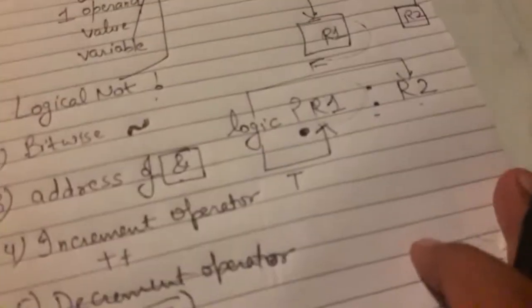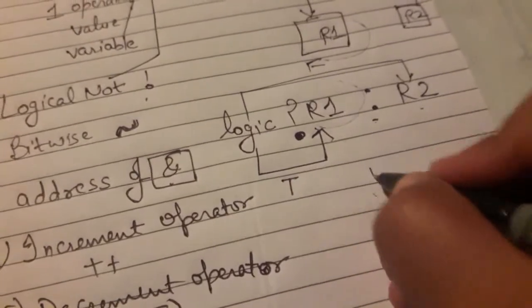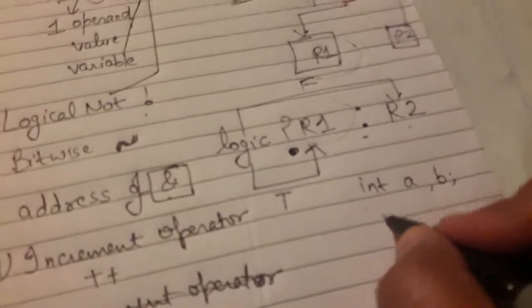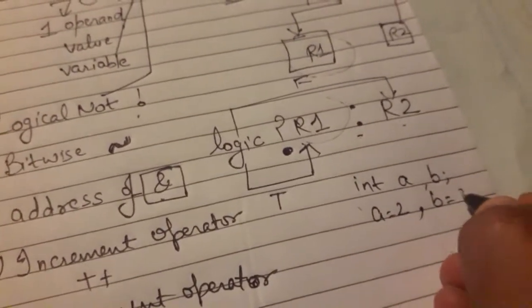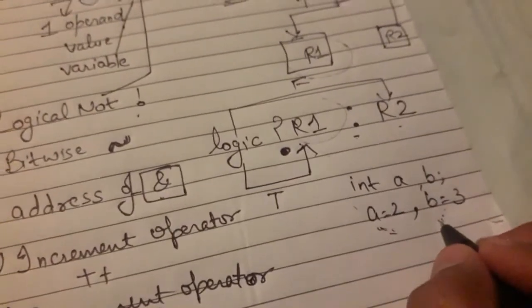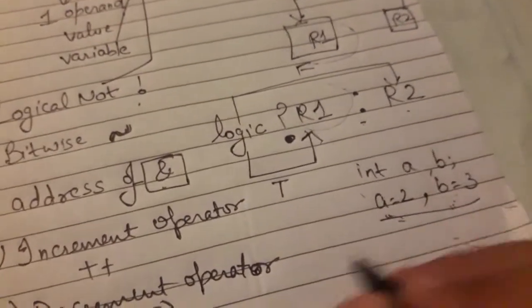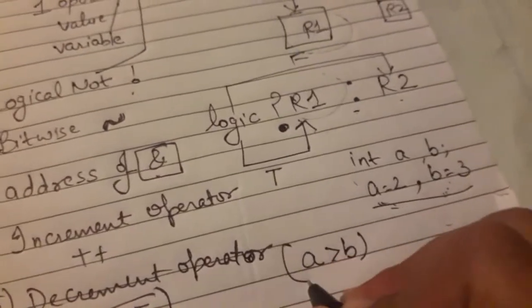As I told you, if I want to check between two numbers, for example, int a and b, where a has 2 and b has 3, and I want to check which number is greater, then what do I do? A is greater than b. This is my logic.